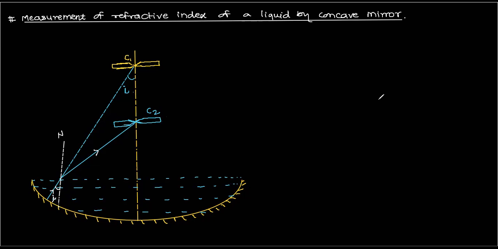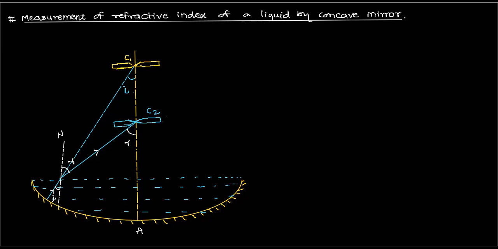Now this angle is what? Angle of refraction, R, because this angle is R only, angle of refraction from this water surface.